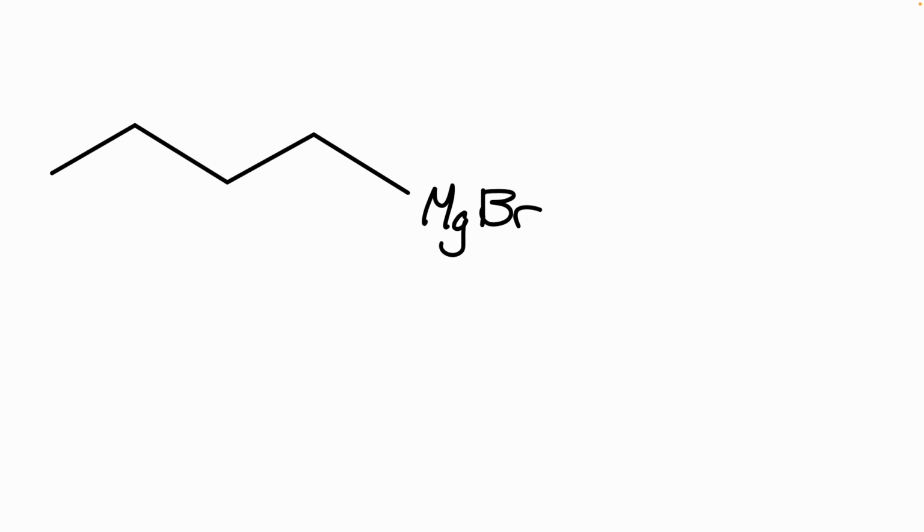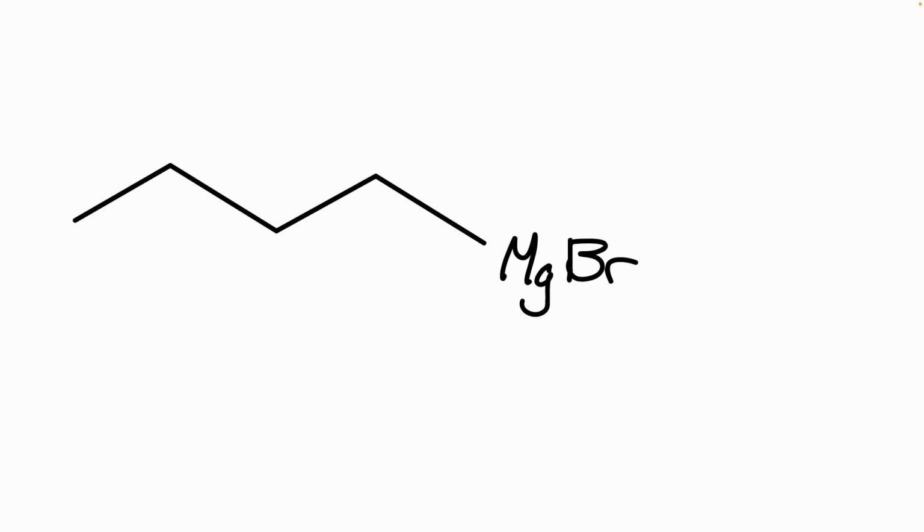But compared to a metal, compared to a group 2 metal, this thing is ridiculously electronegative in comparison. So in this bond right here, what we see is a huge amount of partial negative charge sitting on that carbon atom, and a huge amount of partial positive charge sitting on that magnesium.